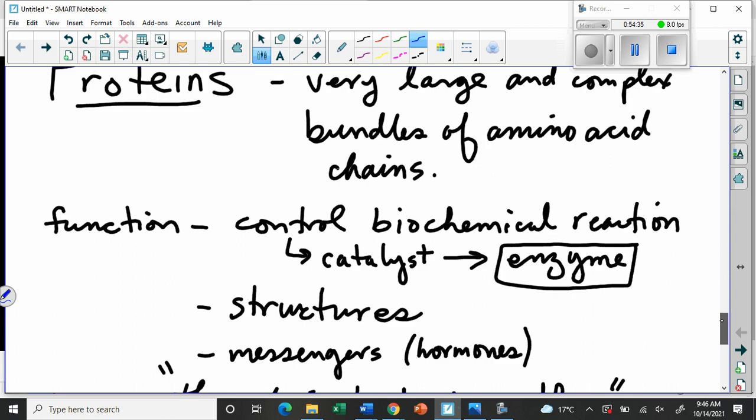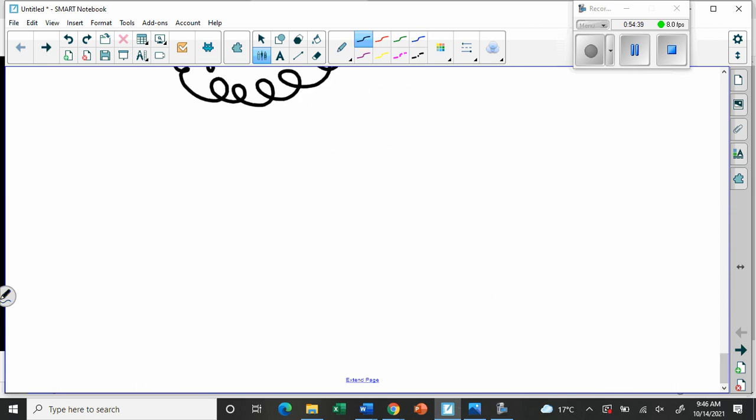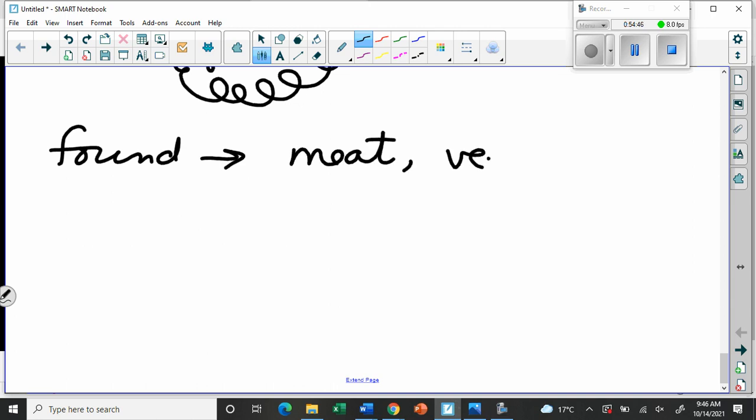So they're very important. Where do we find them? Where are proteins found? Well, meat, we know, contains a lot of protein, but so do vegetables. There are different kinds of proteins. There's millions of different proteins, right? So one of the things that we can do with proteins is we can eat the ones that are in meat.